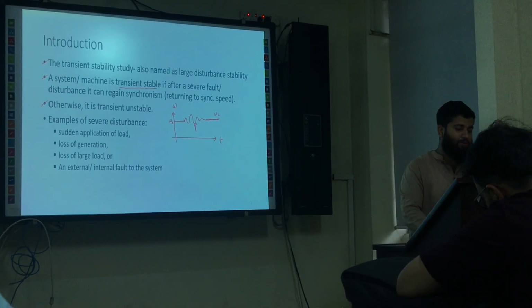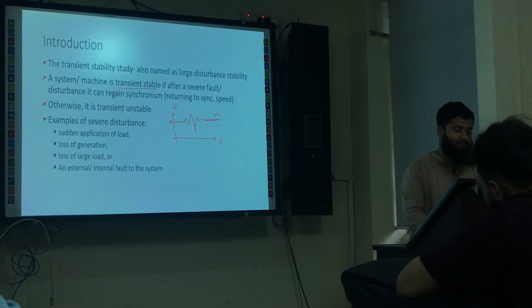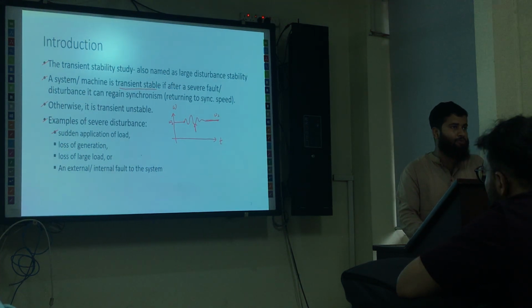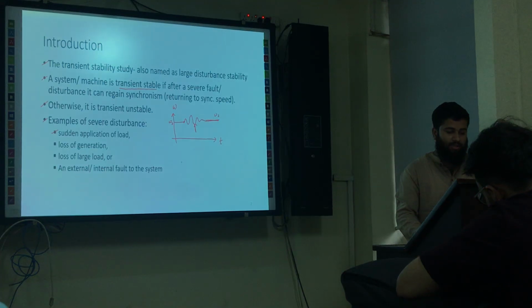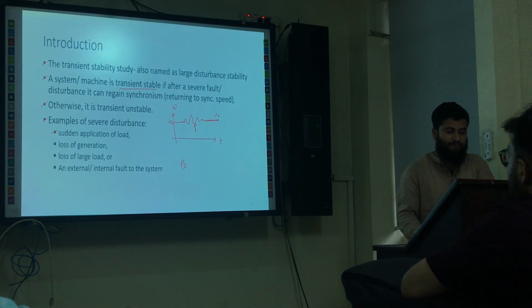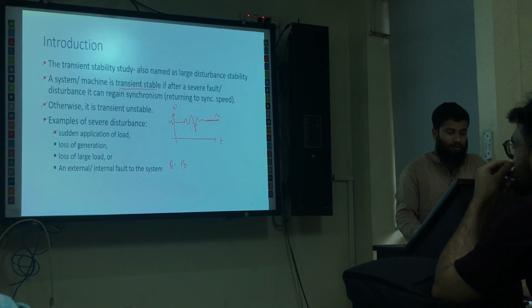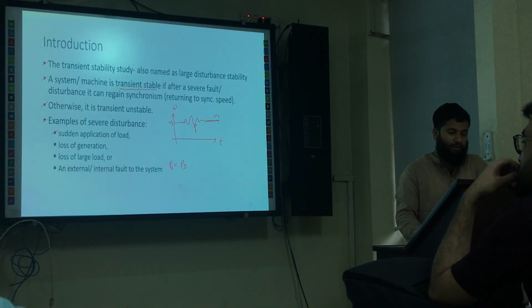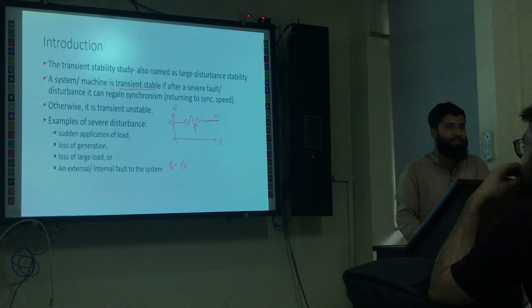And there are many examples of large or severe disturbances. The first one is the sudden application of load. That means, let's say we have load demand PD and our system, or the combination of many generators, is supplying this PD.